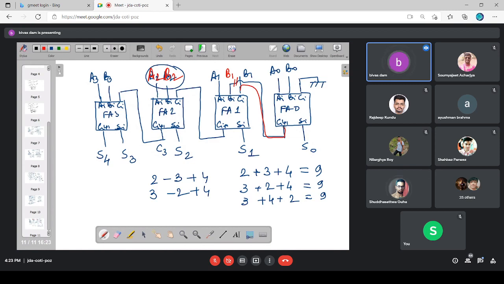In this adder structure, the Ai's and Bi's are coming simultaneously. So that's why this is called a parallel adder. Why parallel? Because the Ai's and Bi's are available parallelly, simultaneously.